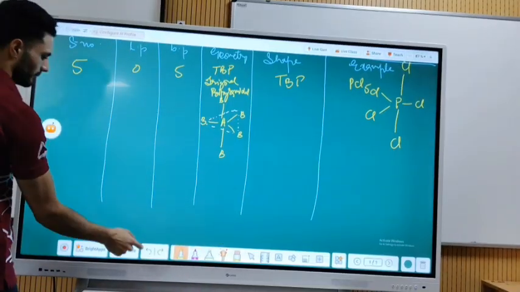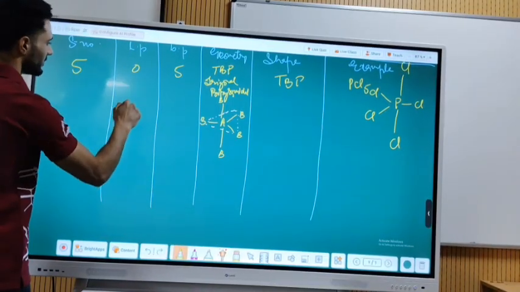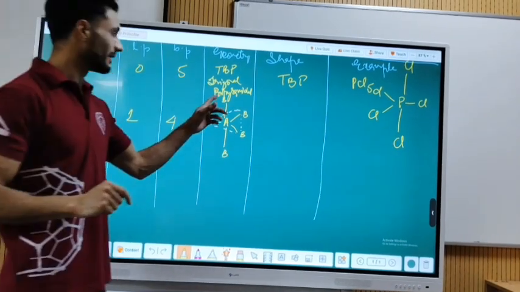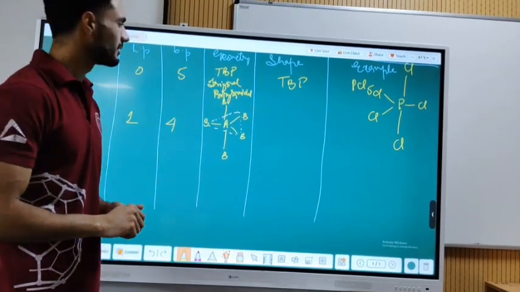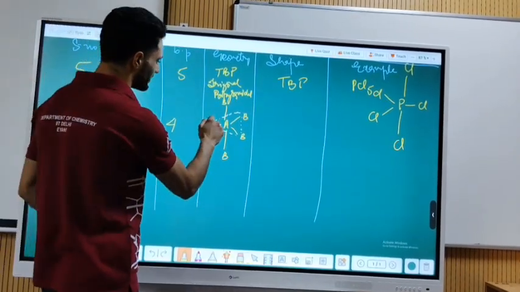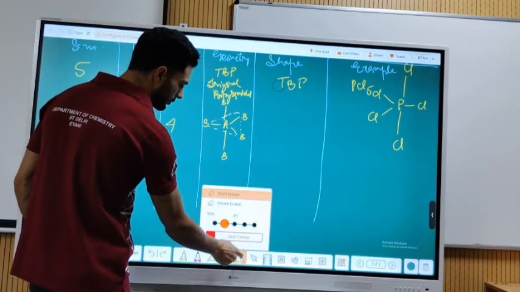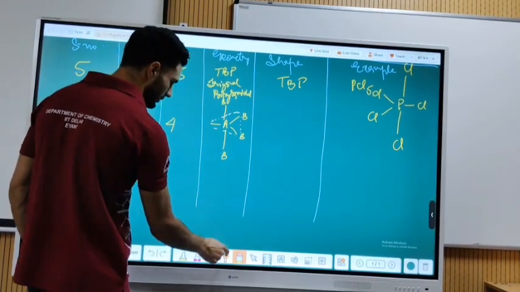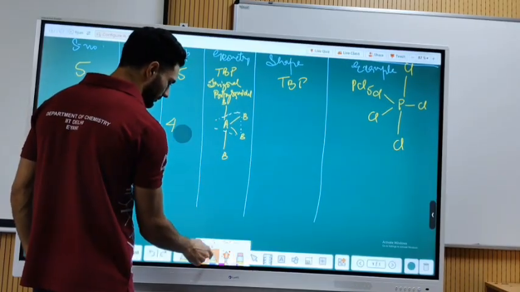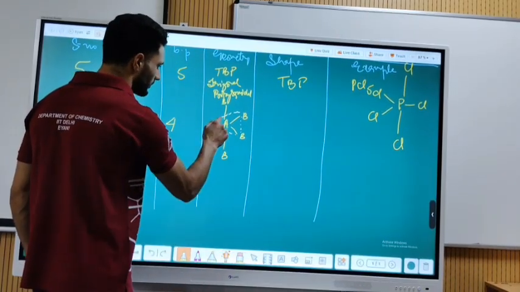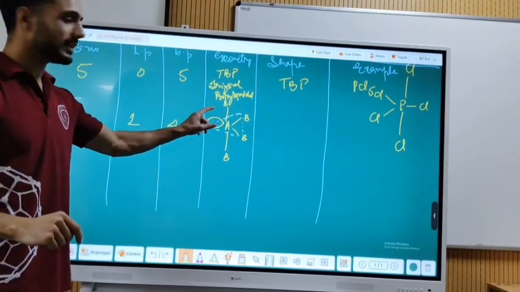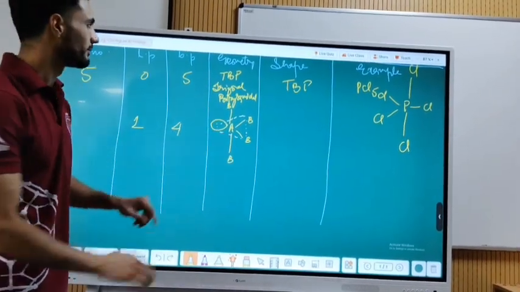Now let's take one lone pair and 4 bond pairs. The geometry will be the same, trigonal bipyramidal, but one bond pair is replaced by a lone pair.